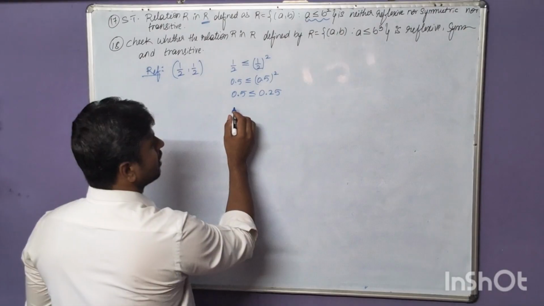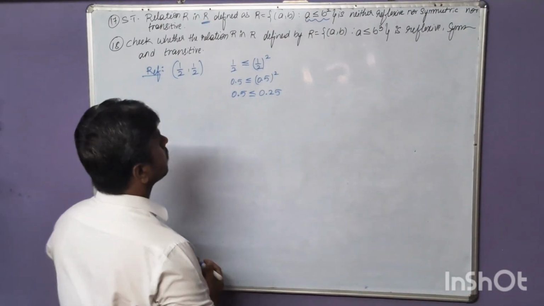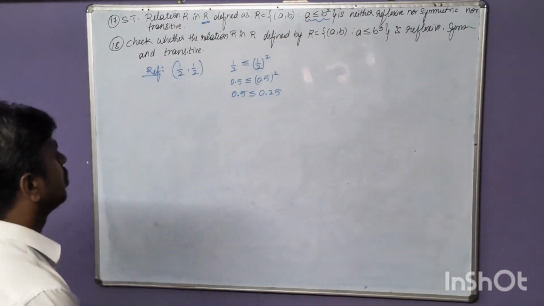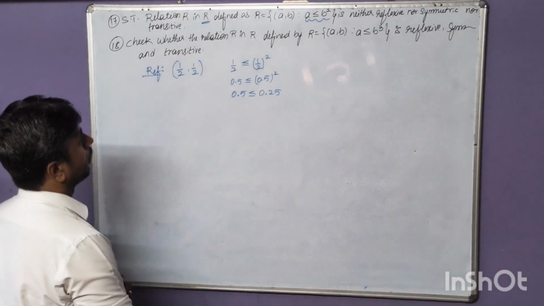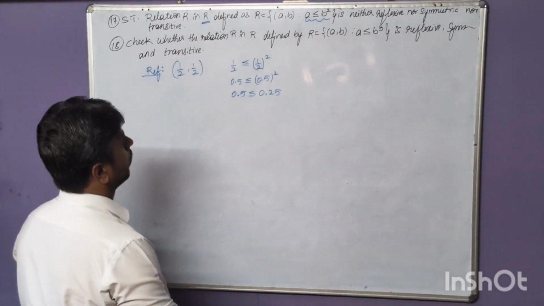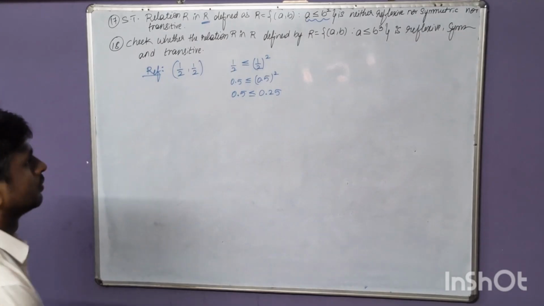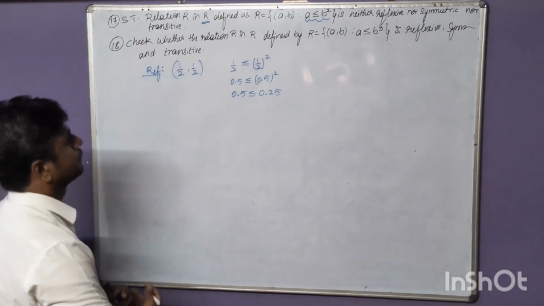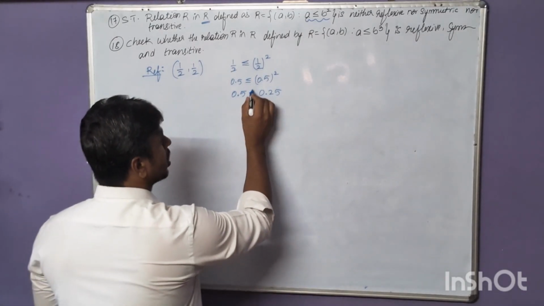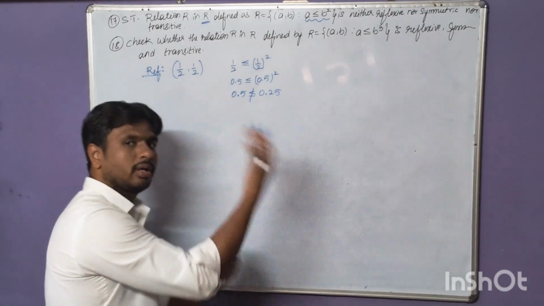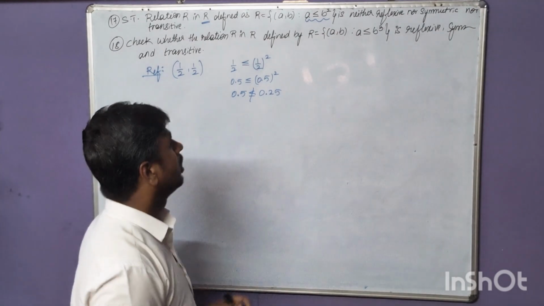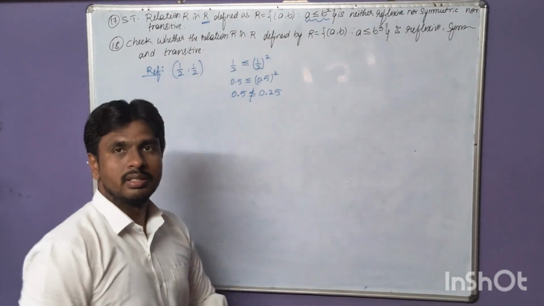Here 0.5 is lesser than 0.25? So here the given condition is not satisfied because 0.5 is not lesser than 0.25. Actually, 0.5 is greater than 0.25.